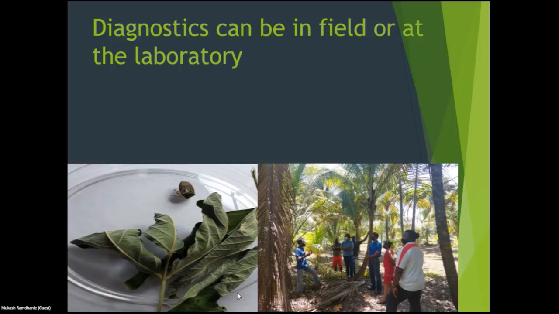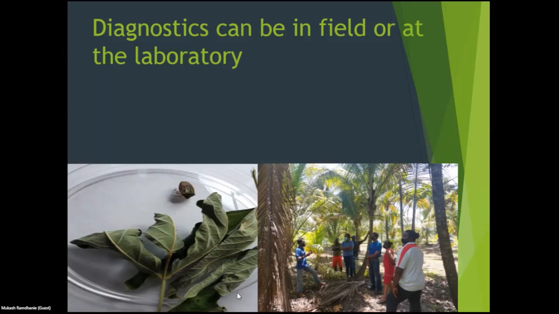Now, this slide shows a plant with a bug on it, which would probably have been brought in by some farmer where some sort of problem would have been occurring, and the entomologist at hand would be looking at it in the lab to try and give the best answer possible. That is to the left.